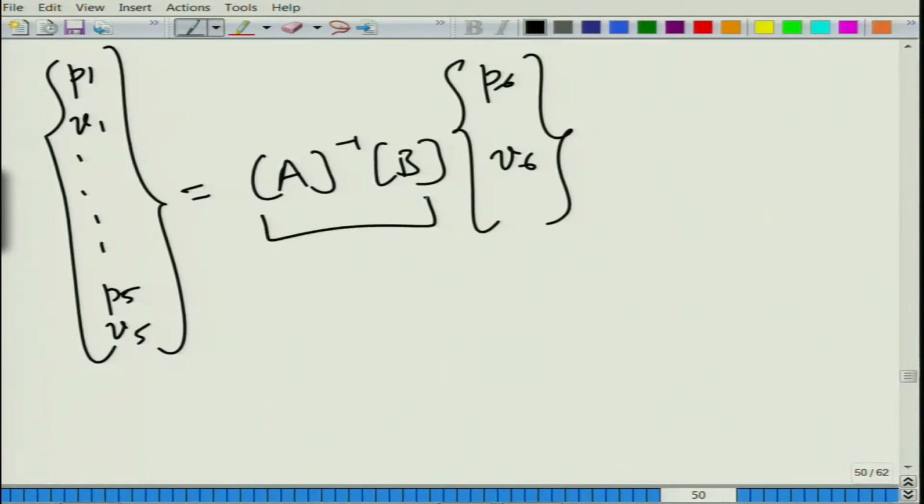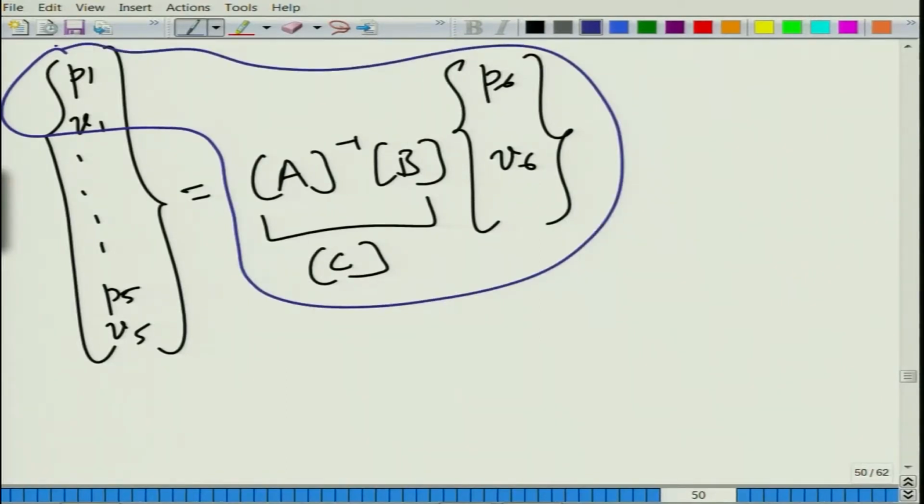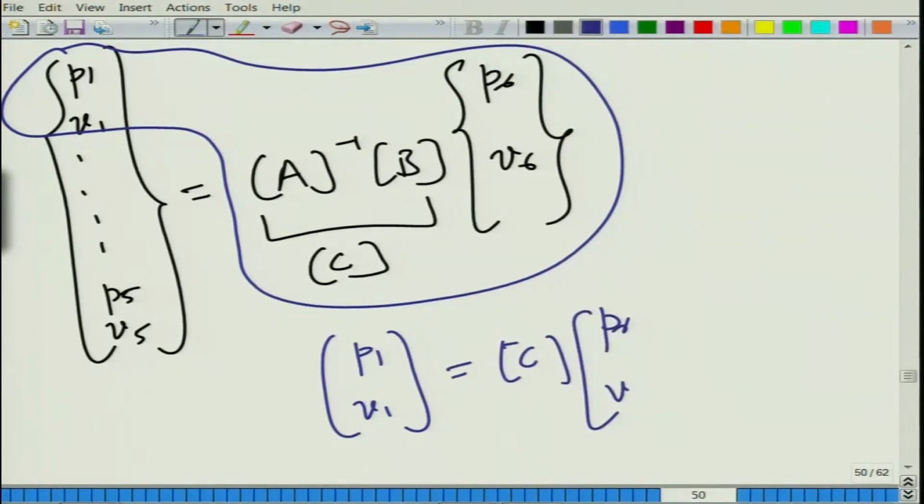So, this is your C matrix. What we will get is that P1 V1 is related to the things at the port here through the C matrix, where C is A inverse B, and it is analyzed in the following manner.